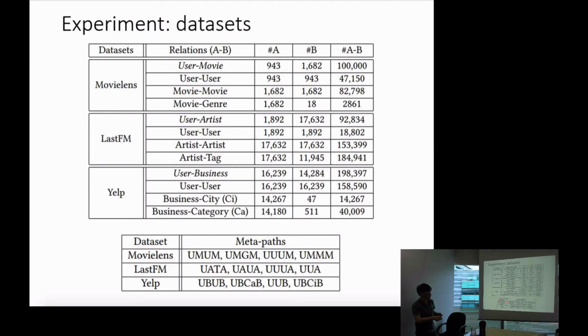For each one, they construct different types of metapaths. MovieLens has 4 types of metapaths, Last.fm is the same, and Yelp also has 4 types. For Yelp, B is the business, U is the user, CA is the category that the business belongs to, and CI is the city of that business.